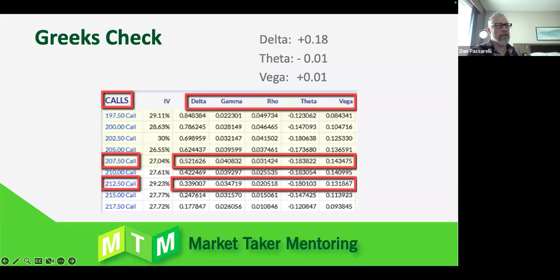Getting long 52 deltas with the 207.5 calls. We're getting short 34, well, we'll just say 33 deltas, by selling the 212.5 calls. So getting long 52, short 34, getting long about 18 deltas.